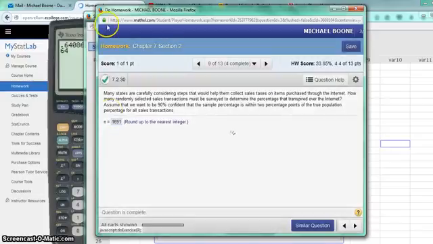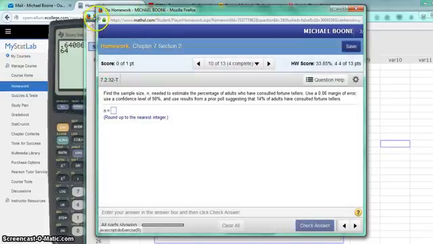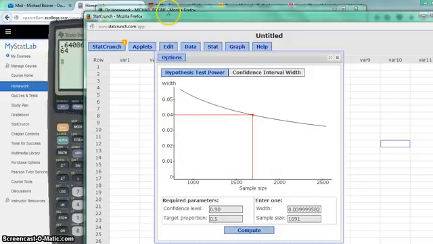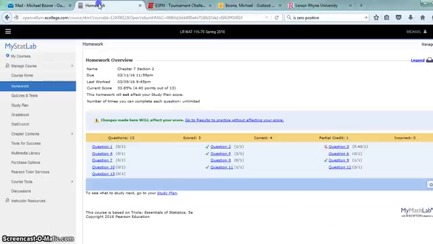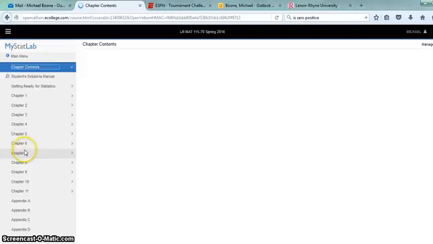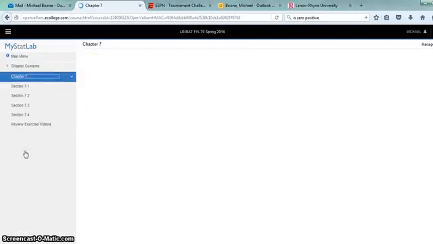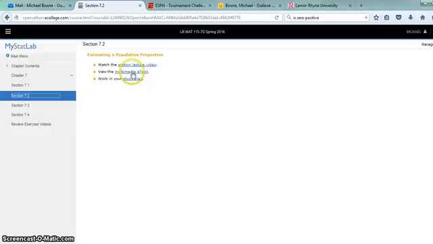If you want to use the formulas in the book, I know a lot of people aren't using StatCrunch, which saddens me. But if you're looking at the formulas, I'll show you the formulas that you should be using. And again, it's going to find the same number that we got using StatCrunch.